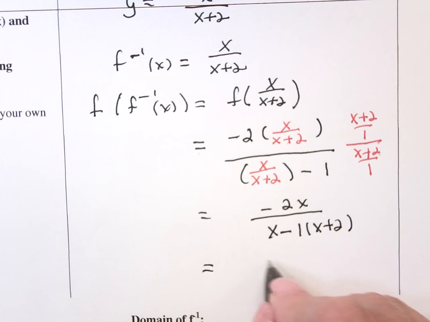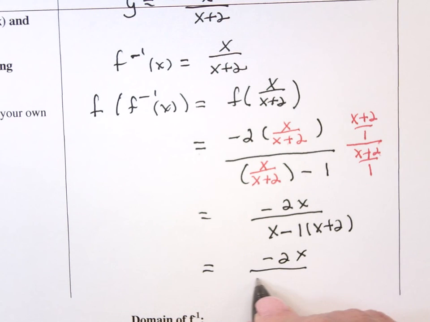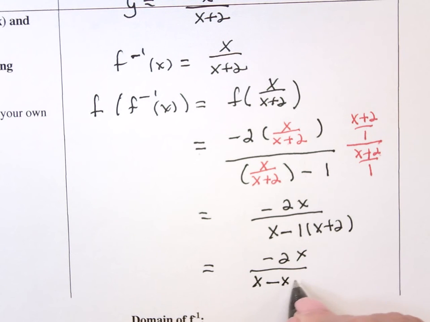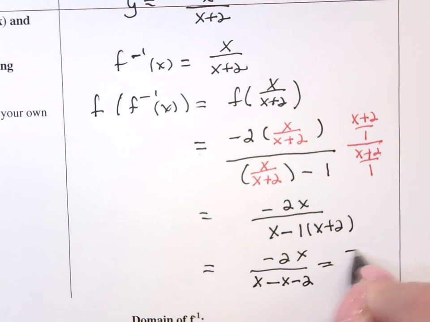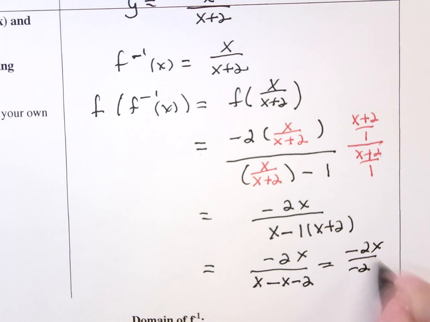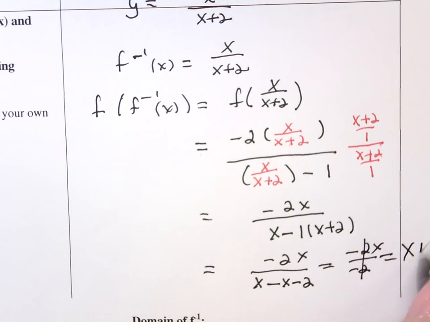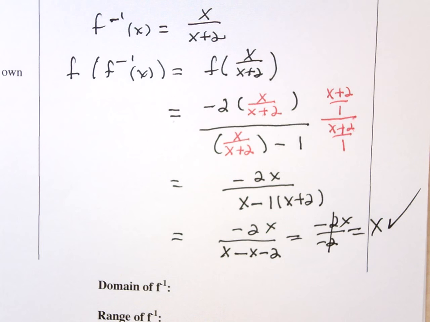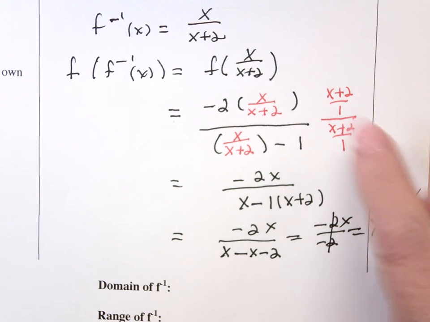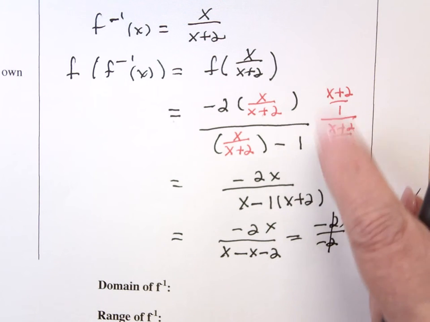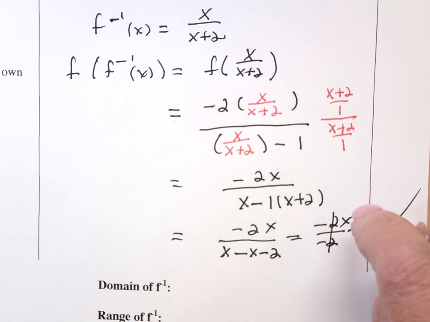This gives me minus 2x over x minus 2, which is minus 2x over minus 2. The minus 2's reduce out. x, and it verifies. This is the easiest way to clear fractions when dealing with inverse, and that's because it's a created entity.